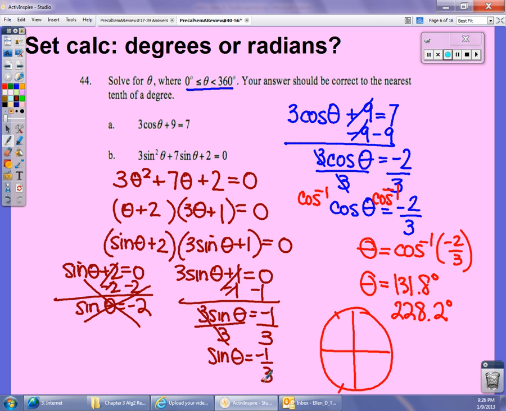Remember, to solve this, we'll use sine inverse. Use inverse sine for both sides.